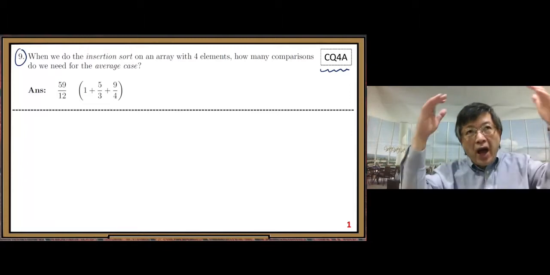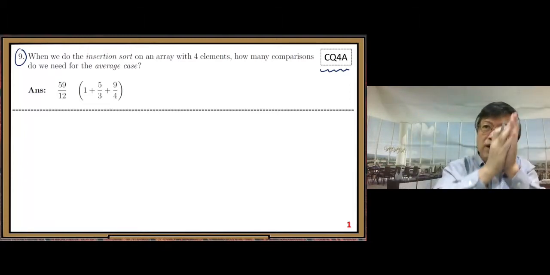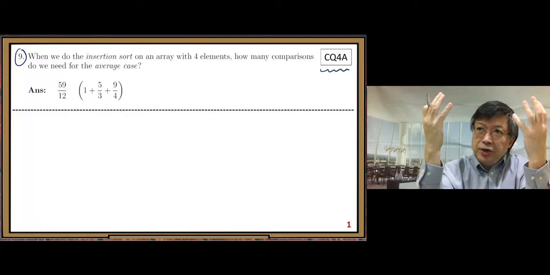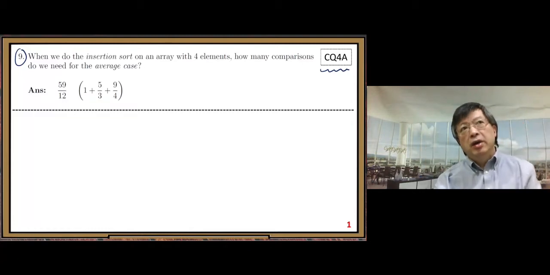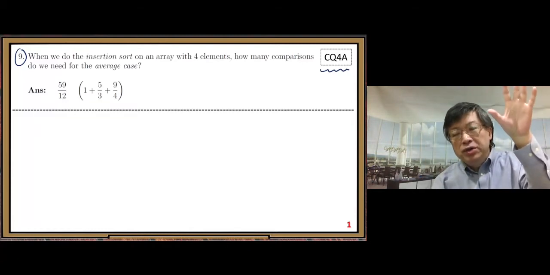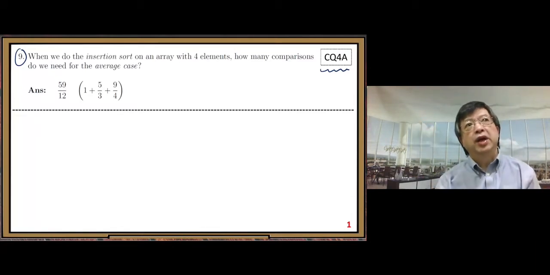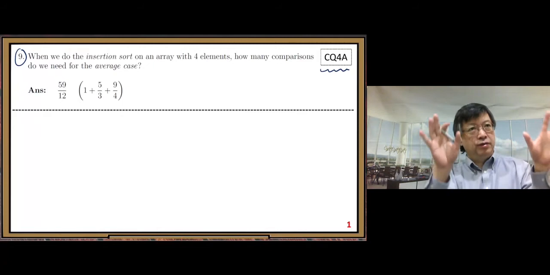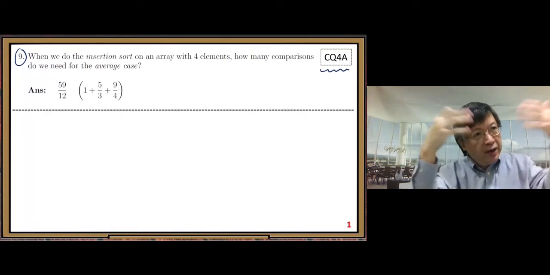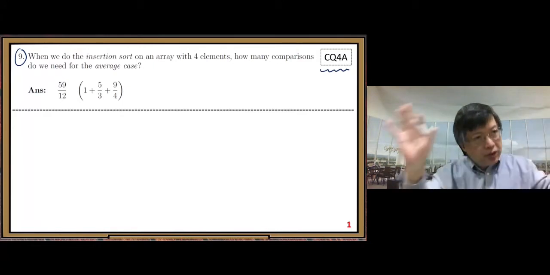But in the answers, I only give you the answer numbers. Many times you may want to know the reason, how to get those answers. Here I use this review chance to explain the details.